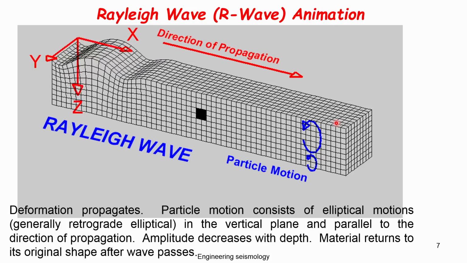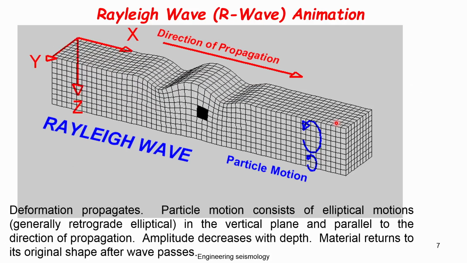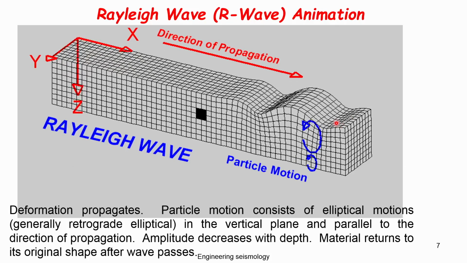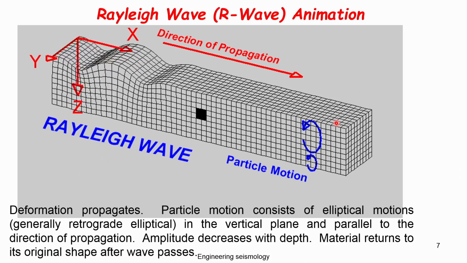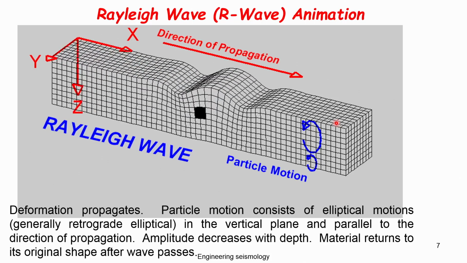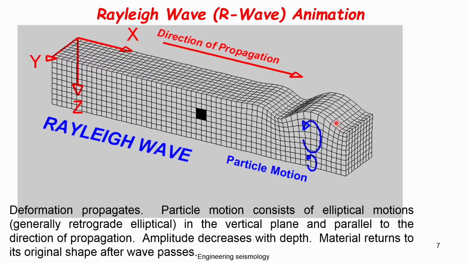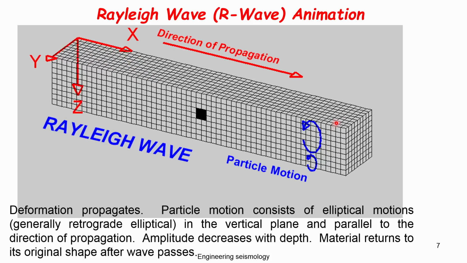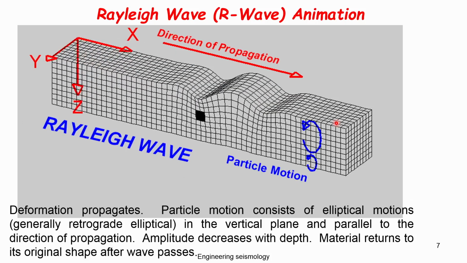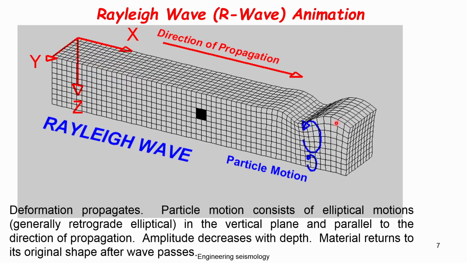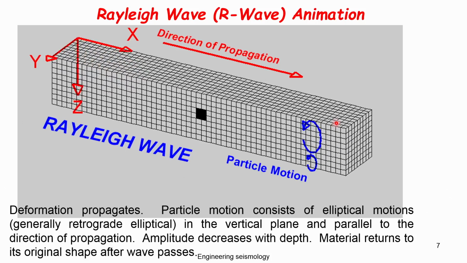Then there is the wave where, as it travels, the particles rotate with respect to the direction of wave propagation. That wave is called a Rayleigh wave; Rayleigh is the person who discovered this wave. Since rotation is involved and the free surface also comes into the picture, the rotation is major at the surface of the system and low at the bottom.